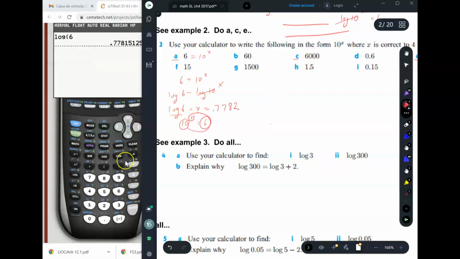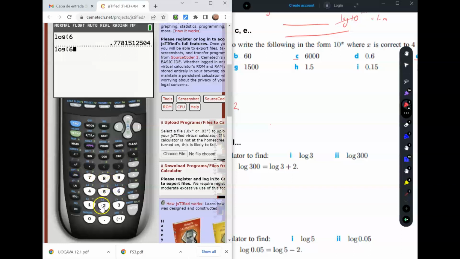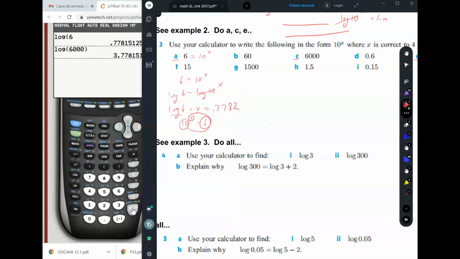So we would just do log of 6,000. Did you notice that the log of 6 is slightly less than 1? Because 6 is slightly less than 10. Log of 6,000, 6,000 is slightly less than 10,000, so it should be slightly less than 4.